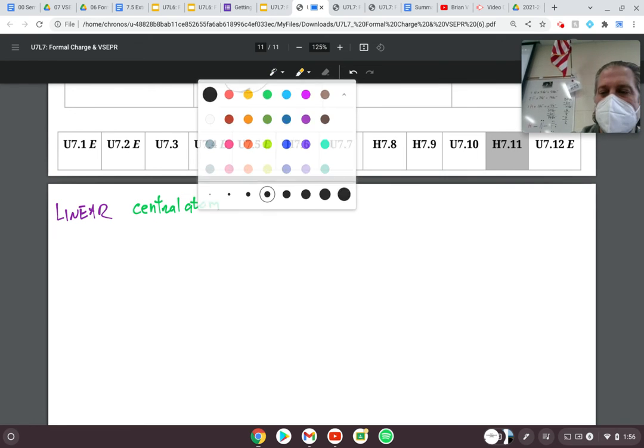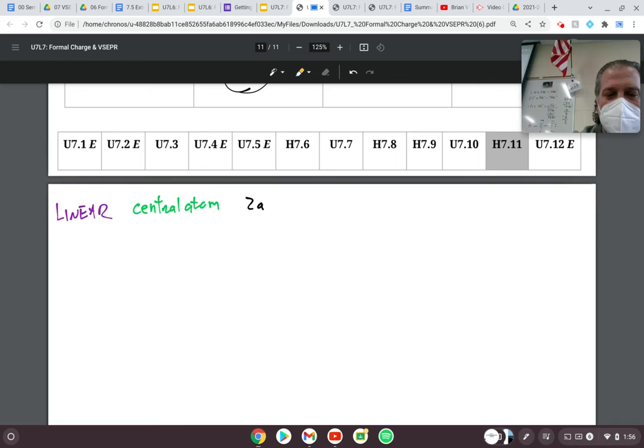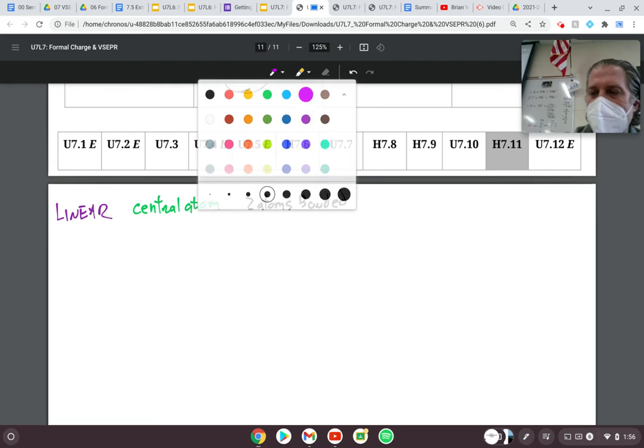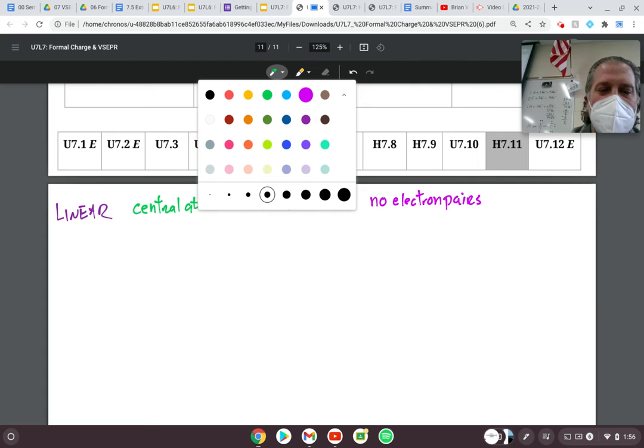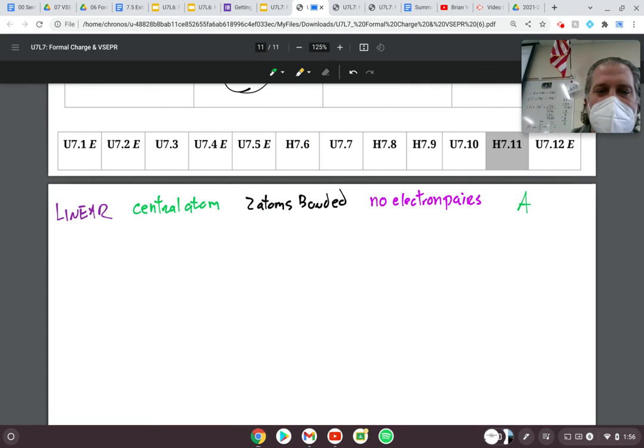It has two atoms bonded to it, and it has no electron pairs on it, and it can be characterized as an AX2.